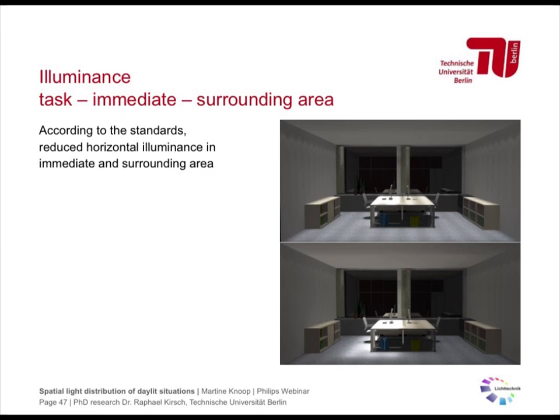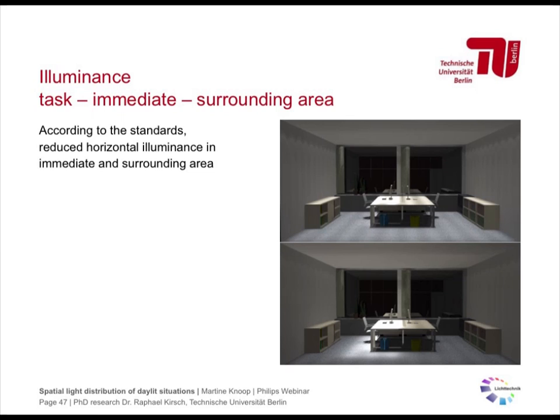So in the first part, he looked at whether he could reduce the horizontal illuminance in the surrounding area, in the background area, without affecting the room appearance. And that was possible because he could really look at the horizontal illuminance while keeping the luminance of the walls the same.